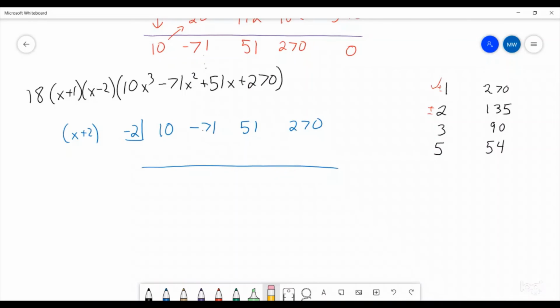So now let's look at maybe x plus 3. See what that does. X plus 3, that's a minus 3. So 10 times minus 3 is minus 30, so that's a minus 101. 303, that's 354 times negative 3, definitely not going to work. Let's try positive 3, so that's x minus 3. Let's see what that one does.